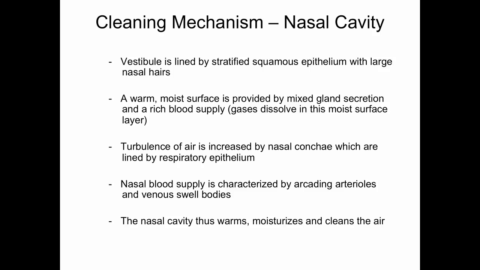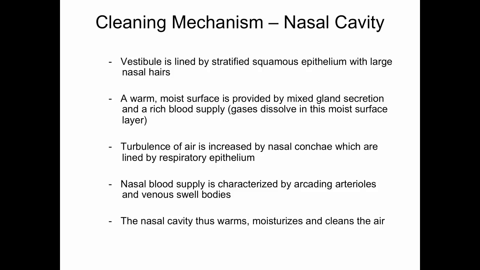Now, there's a warm, moist surface that's provided by the mixed gland secretions and a rich blood supply in the nasal mucosa. This allows gases to dissolve in the moist surface layer. You know that there's turbulence of air, and that has increased because of the nasal conchae, and the nasal conchae are lined by respiratory epithelium.